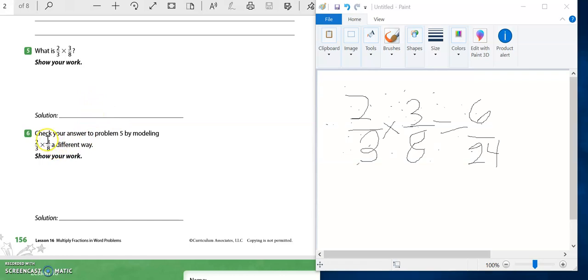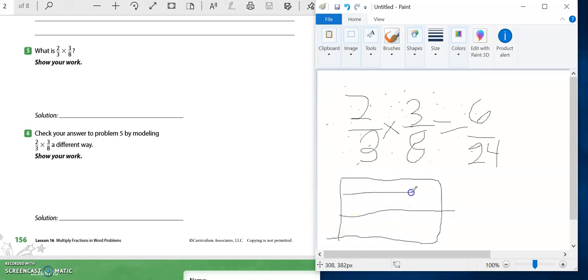And it says number 6, check your answer to problem 5 by modeling 3/8 in a different way. So what we could do is we could use the area model. Use my tool here. And I can model first.